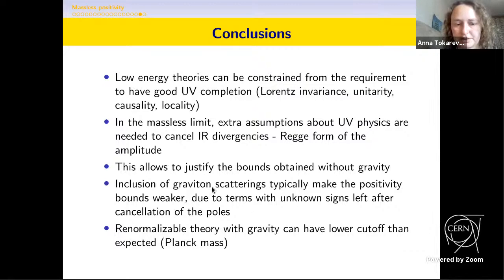But for some more complicated theories like light by light scattering, some surprising results can be obtained, saying that the renormalizable theory minimally coupled to gravity can have a lower cutoff scale than expected intuitively, which would be the Planck mass.